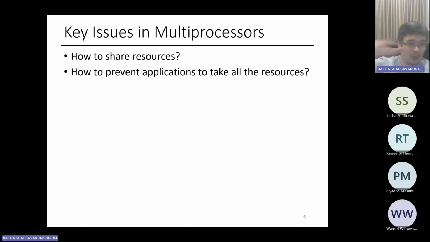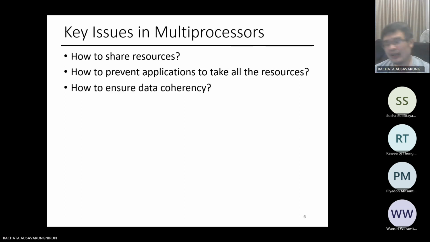So that's another problem, right? How do I prevent one program from taking all the resources? Then how do I ensure data coherency, which I'll go in depth today. I would say it is one of the more confusing topics, but if you think about it, it's actually not that bad.